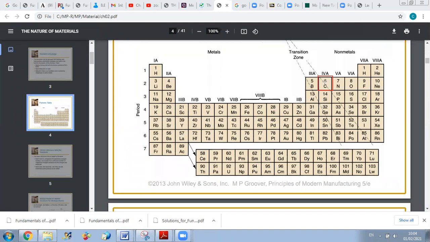This means that it has 6 electrons, and you know that electrons will be divided in orbits. So the first orbit can contain 2 electrons, and then the remaining ones can go up to 8 to have a stable set. So for atom C, I have 2 orbits, 1 and 2.